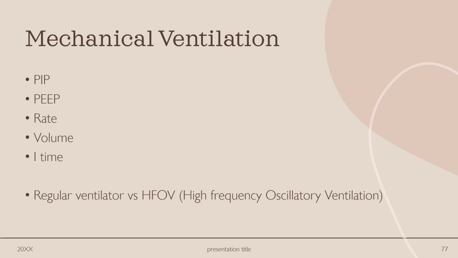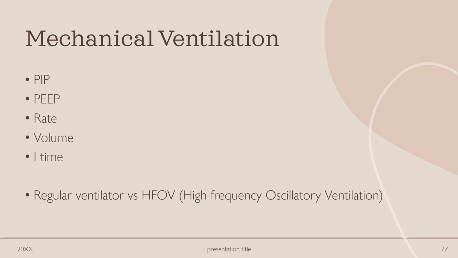There's a lot of different components to mechanical ventilation. You have the PIP, or peak inspiratory pressure, and that is the highest pressure that is given to deliver the breath. PEEP is just like CPAP, that low residual pressure that helps keep the lungs inflated. Rate is the rate at which you're giving breaths.